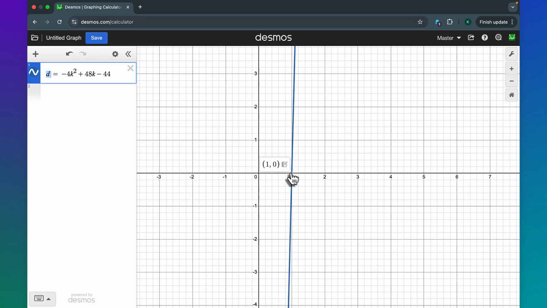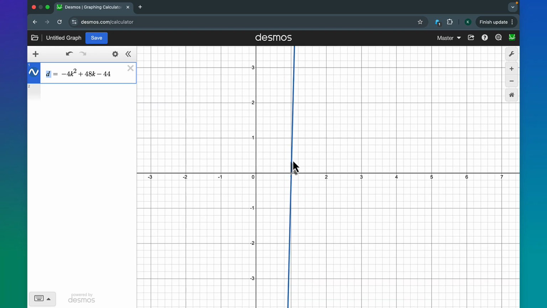However, if you focus on this specific point over there, the point where my k is 1, my determinant is going to be 0, right? So this is the point that tells us that when it crosses this line, your determinant is 0, which means you have a tangent, right? And because your determinant is your y, in this case the output, your y is always just going to be your output.